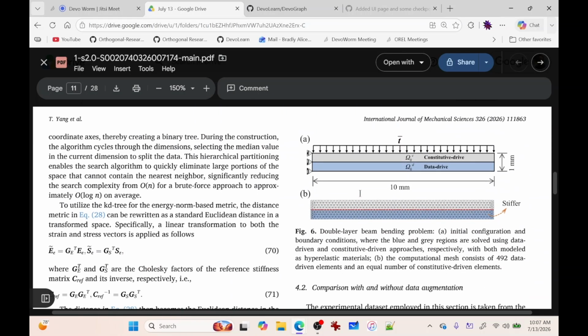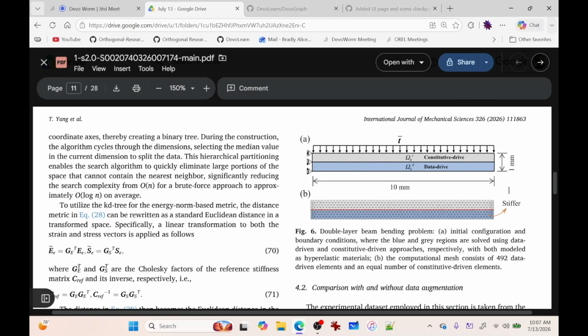And this is, of course, figure 6, the double layer beam bending problem. So there's this initial configuration and boundary conditions where we can characterize those things. And the solutions for the data-driven and constitutive-driven approaches are shown in gray at the top and then blue at the bottom.